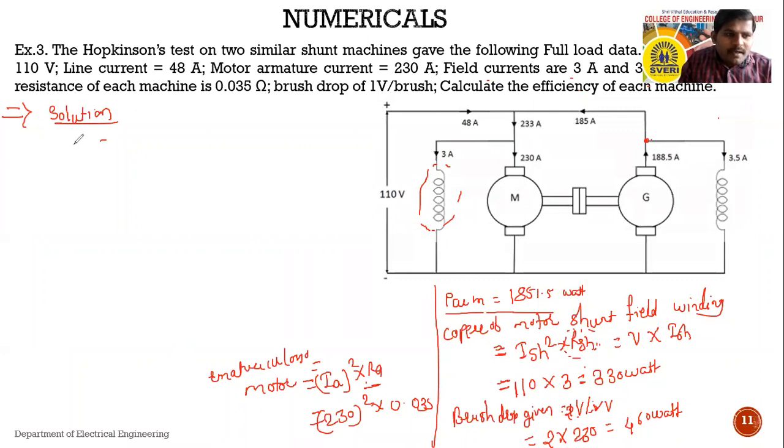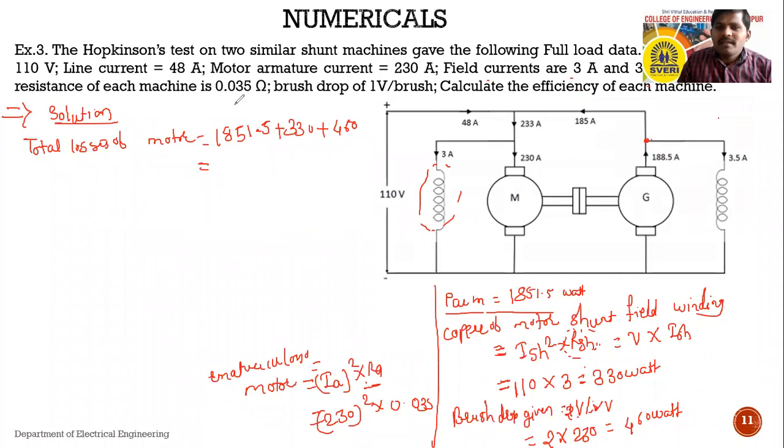Okay, see the total losses of the motor. Step by step we will go. Total losses of the motor is equal to the sum of all the losses. 1851.5 plus 330 plus 460. It is nothing but the total variable losses of the motor.